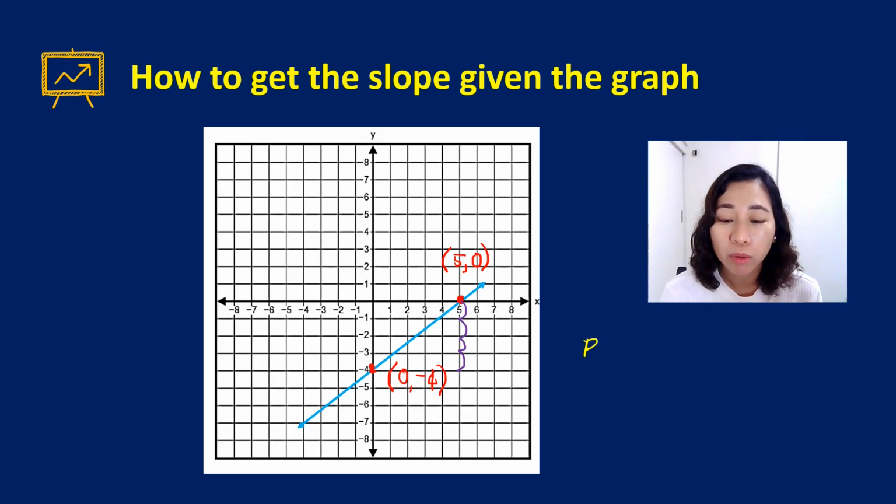But anyway, from this point, I will go down by 1, 2, 3, 4. I went down, so my rise is -4. And then I already stopped at this point. I am going to the left. 1, 2, 3, 4, 5. Correct? So my run is 5.